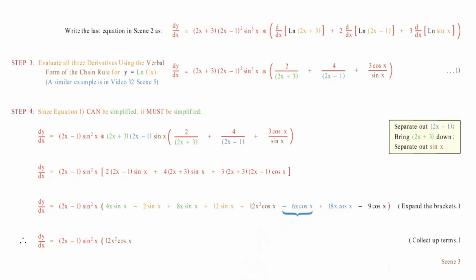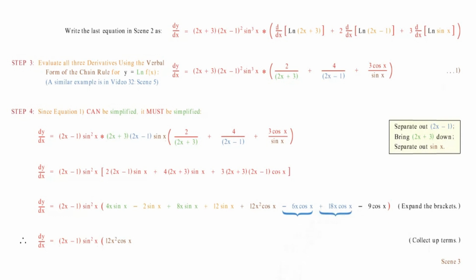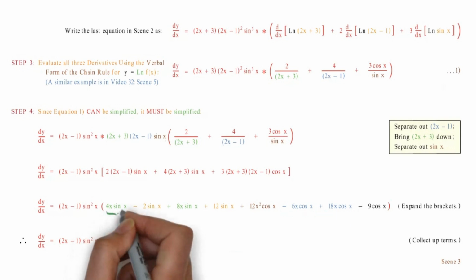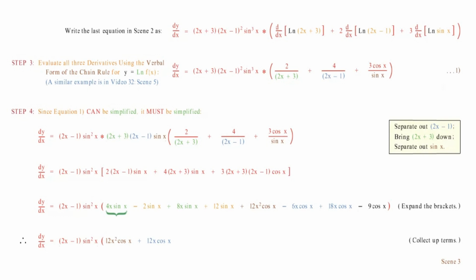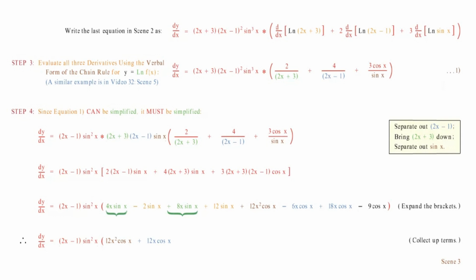Minus 6x cos of x plus 18x cos of x is plus 12x cos of x. 4x sine of x plus 8x sine of x is plus 12x sine of x.